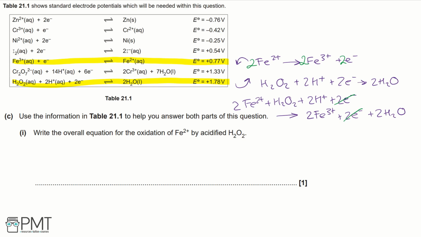So that makes our overall equation 2 Fe2+ plus H2O2 plus 2H+ goes to 2 Fe3+ plus 2 H2O. To get the mark for this question, you need to have the correct overall equation for the oxidation of Fe2+ by acidified H2O2.